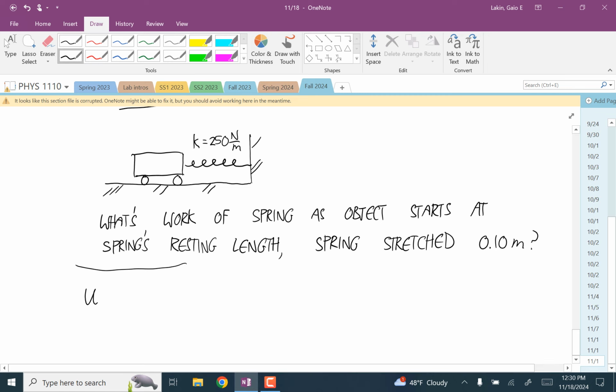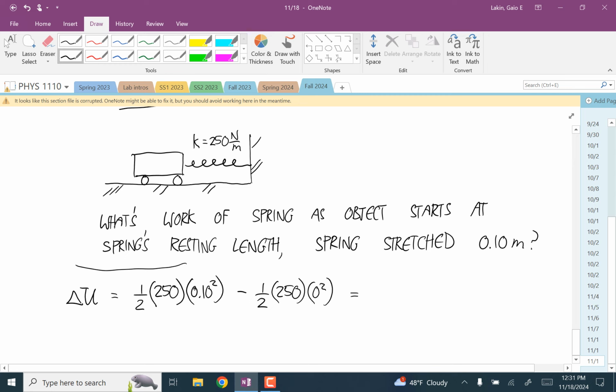So the potential energy is 1/2 times the spring stiffness times the later location, which is 0.1 squared, and then minus 1/2 times the spring stiffness times the deformation at the earlier location, which is 0. This is a change in potential energy.